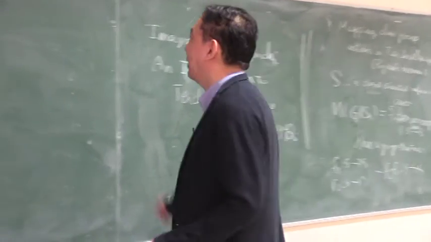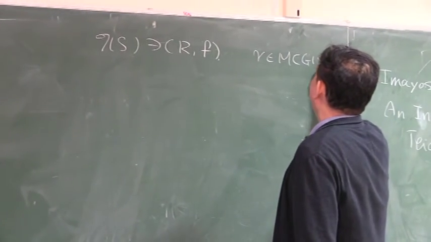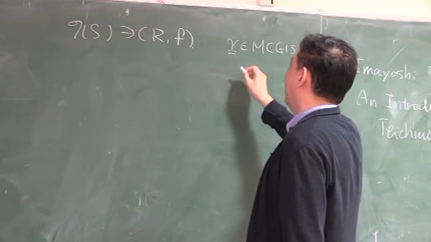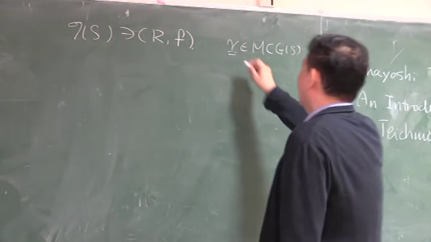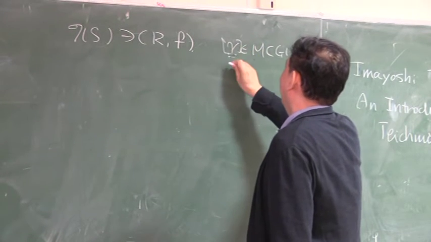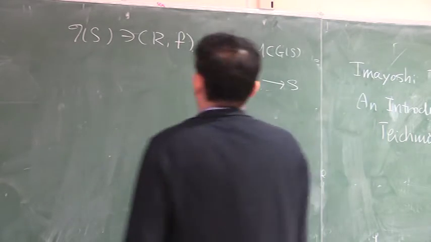And take some element in the mapping class group. So mapping class should be represented by a homeomorphism. So maybe it's better to write it that way. And then gamma is a homeomorphism from S to S.